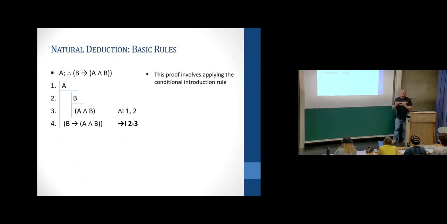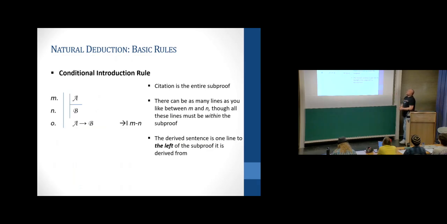So, the next rule I want to teach you, one we already did, conditional introduction. Conditional introduction is going to be a rule where we use a subproof. So here's what it looks like. Note again, the same structure. These are syntactic, they're structural. So we don't care what sentences A or B are. They could be as simple or as complex as we like.